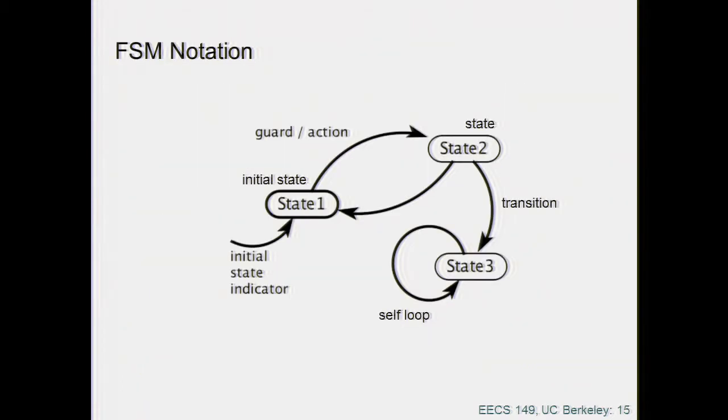Okay. Now this is finite state machine notation. So you have states and you have guard and action that are associated. Notice that the output sometimes are called actions. So it's what the system does when it takes the transition. So you got guards that tell you when you can take the transition, and action that corresponds to that transition.